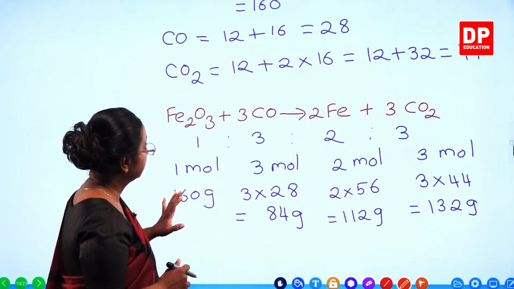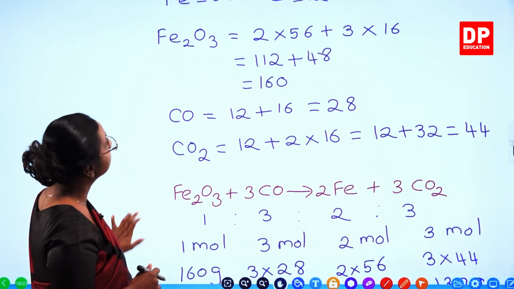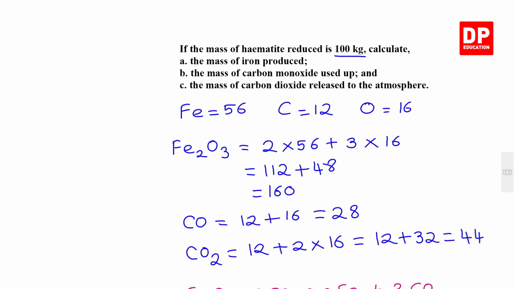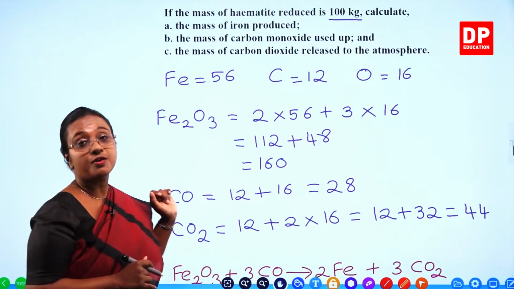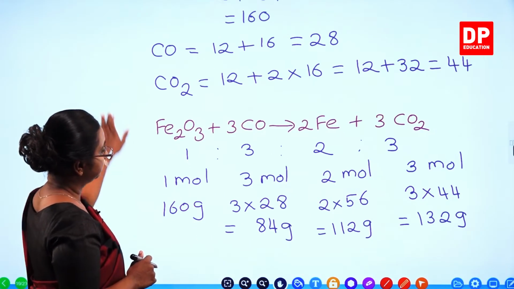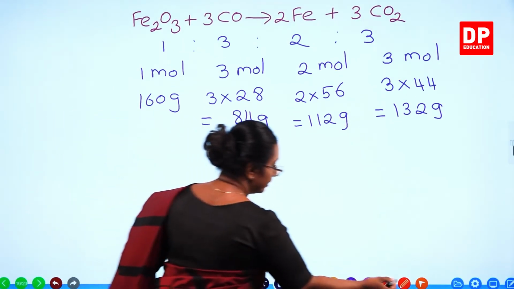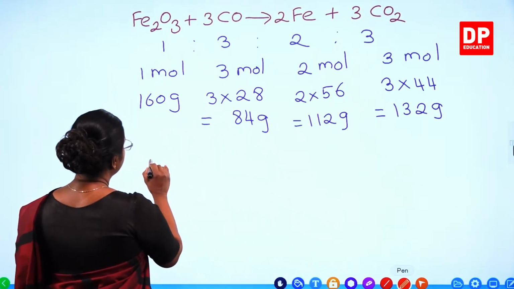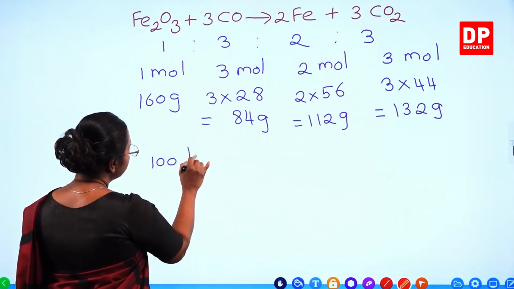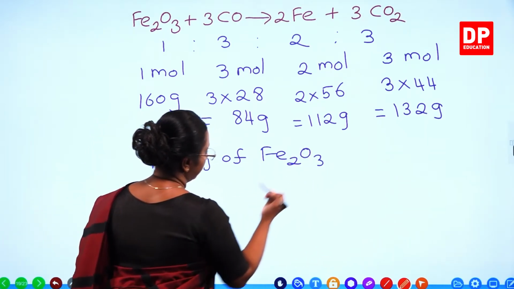So in this, according to the question, you can remember they said 100 kilograms of hematite. That is the question. So we need to calculate the rest of the substances for 100 kilograms of hematite. If we do the calculation, we have 100 kilograms of hematite, Fe2O3.